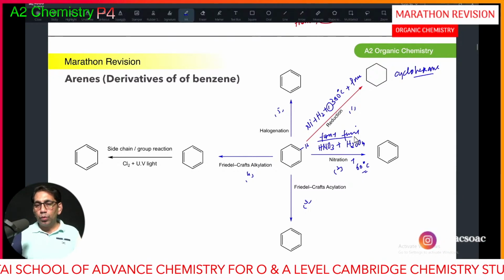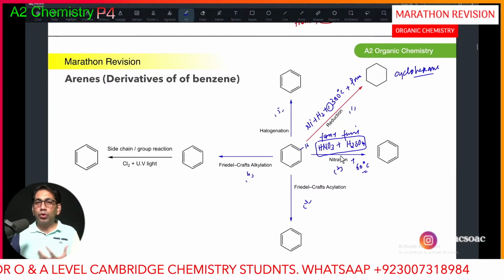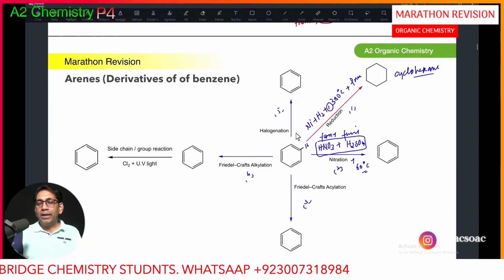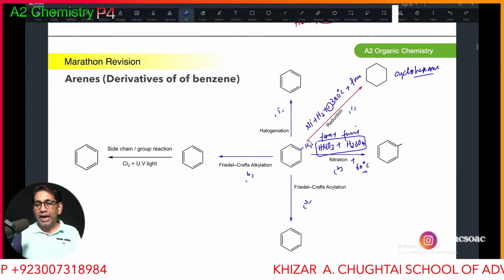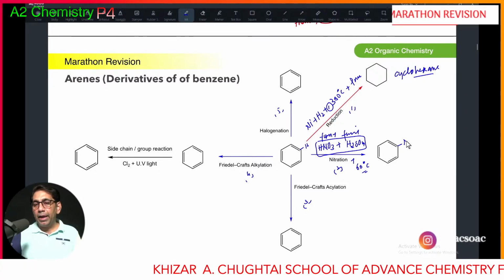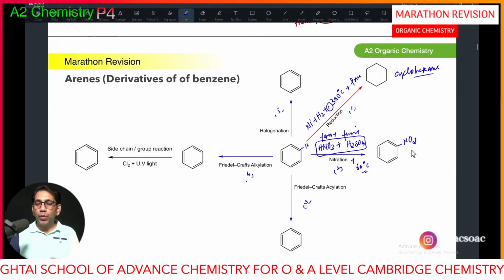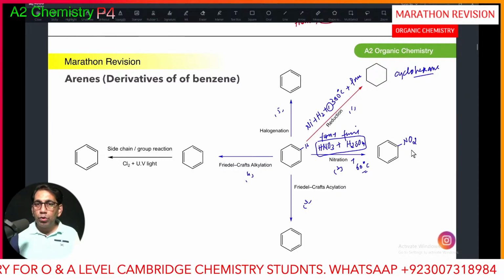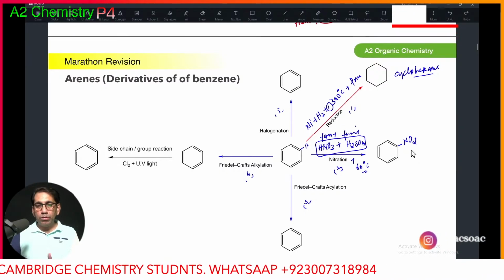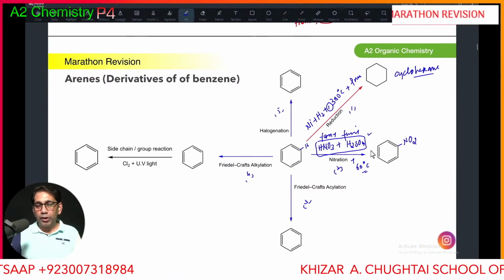These 2 reagents meet together to generate the nitronium ion, NO2 positive ion, and the benzene reacts with it instead of this hydrogen. This hydrogen is replaced by the nitro group, and in this way we form nitrobenzene.